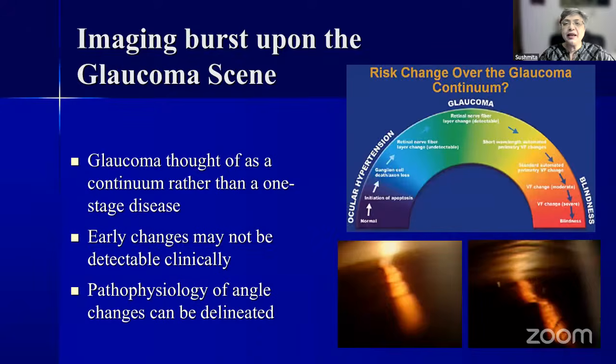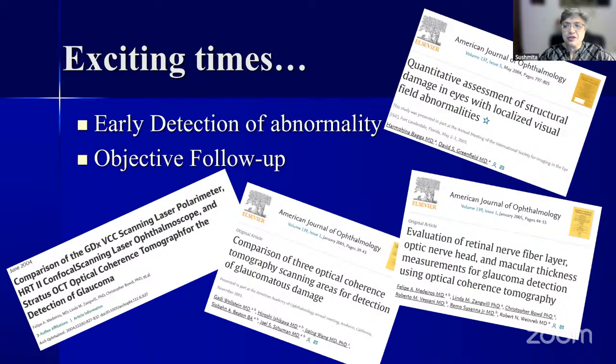What really came upon the imaging scene was the acceptance that early changes may not be detected clinically. And side by side, we also had imaging for the pathophysiology of the angle changes to be delineated better, more than possibly just gonioscopy. Those were exciting times, and we were just opening our eyes into the world of glaucoma, most of us.